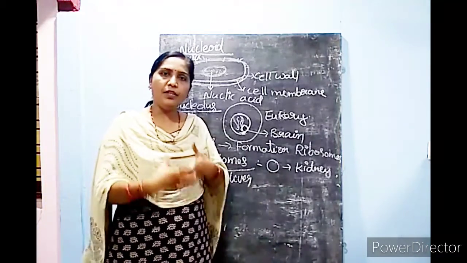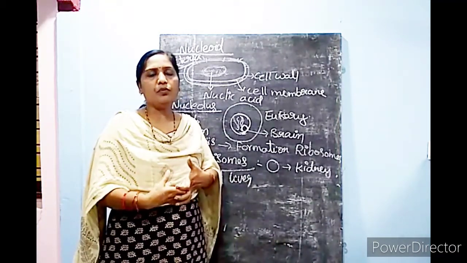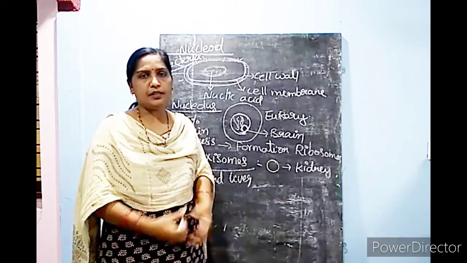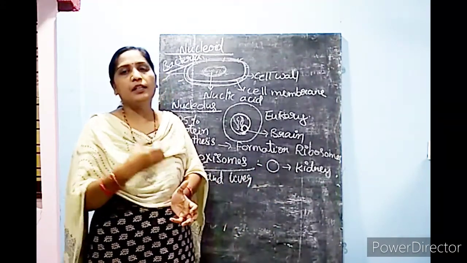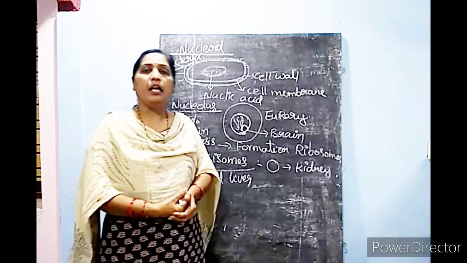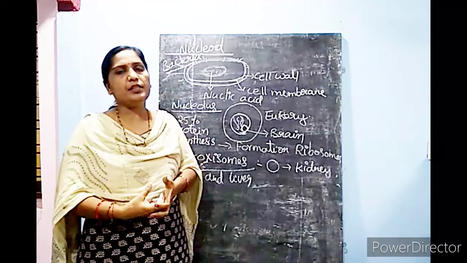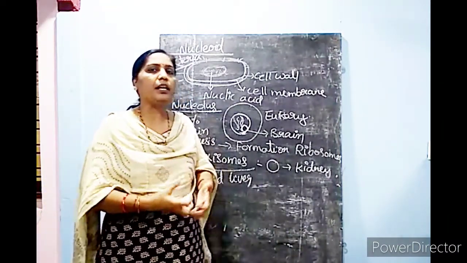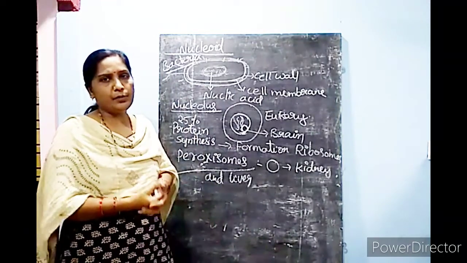If the waste materials are not removed from our body, what happens? The waste matter gathers toxic substances which cause harm to our body. These waste substances should not accumulate in the body for a long time, because if they accumulate, they harm the living body.